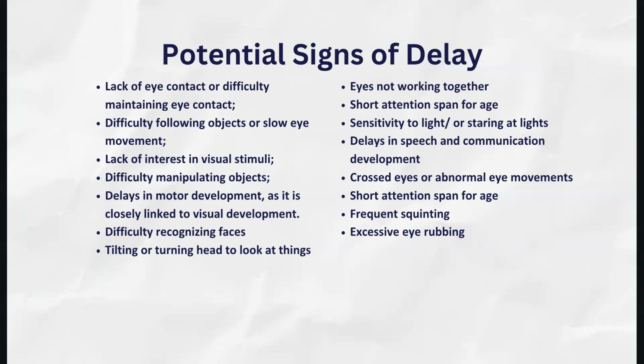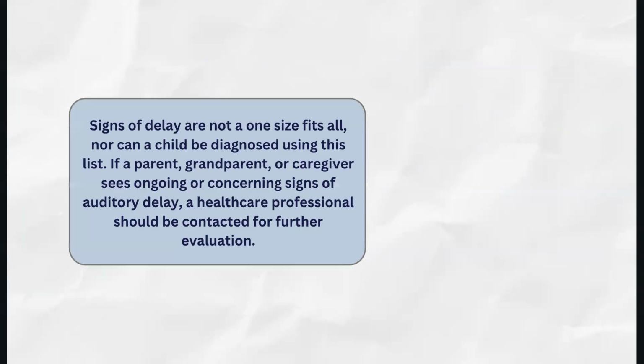Listed here are some common signs of an issue relating to vision development. Signs of delay are not a one-size-fits-all, nor can a child be diagnosed using this list. But if a parent, grandparent, or caregiver sees ongoing concerns or signs of a visual delay, a healthcare professional should be contacted for further evaluation.